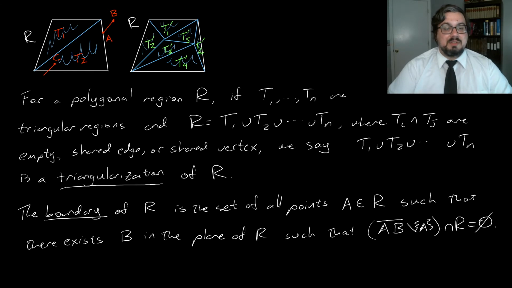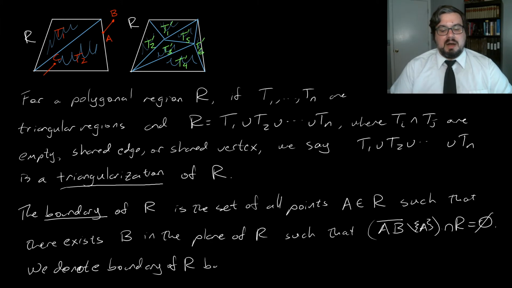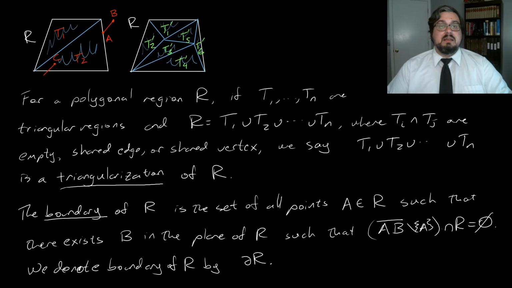So A is on the boundary of R, C is not on the boundary of R on the sketch above. We denote the boundary of R by the boundary of R using the same notation that we used for the boundary of the triangular regions before.